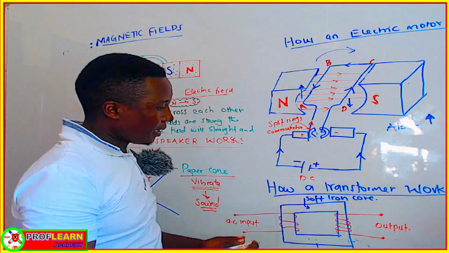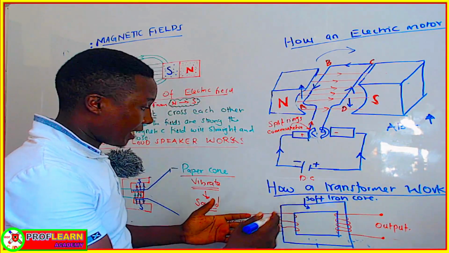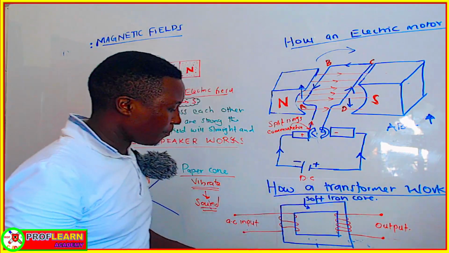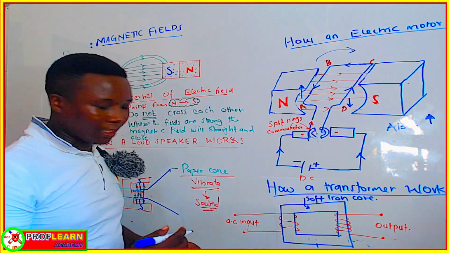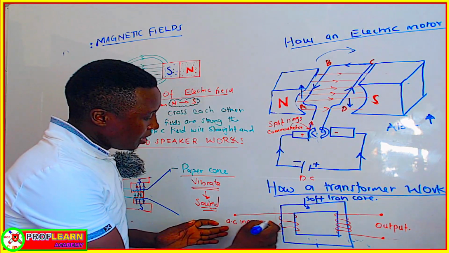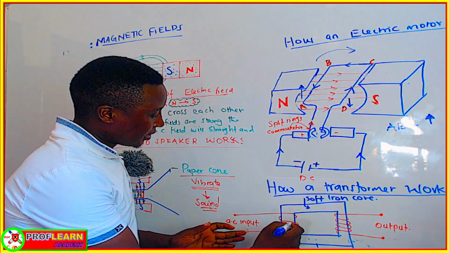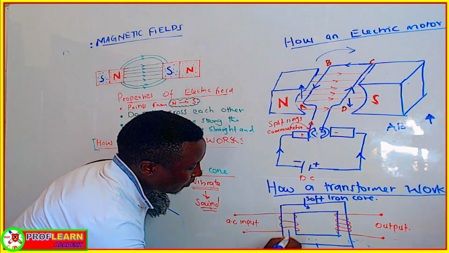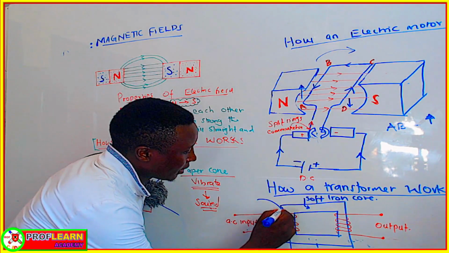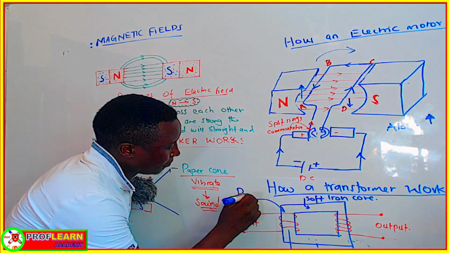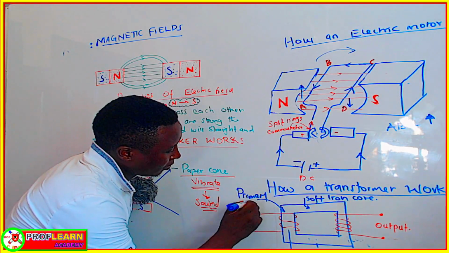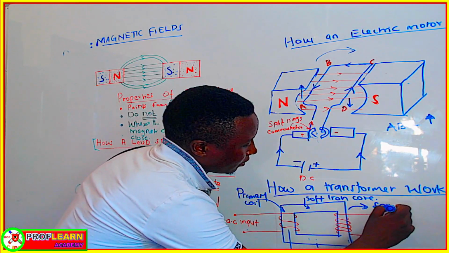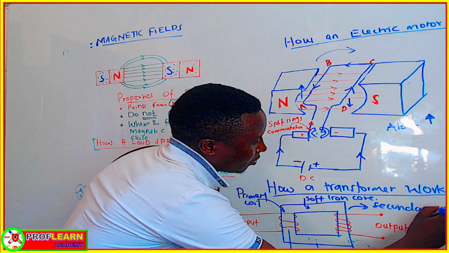Another common question you'll be asked is how a transformer works. Remember, a transformer works on the concept that there is an AC input in the primary coil. This is the primary coil, and this is the secondary coil.